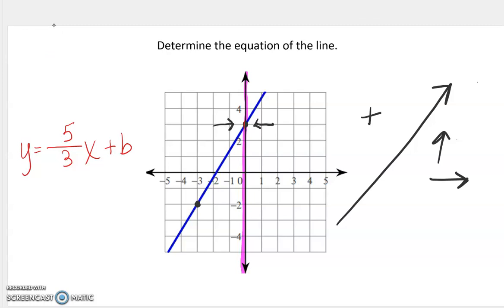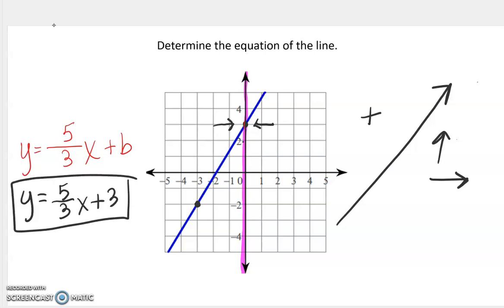That is crossing over the y-axis. No other point is on there except for that one. So this tells me that this is 1, 2, 3. So our equation is going to be y equals 5/3 x plus 3. And there it is. It was a lot easier.